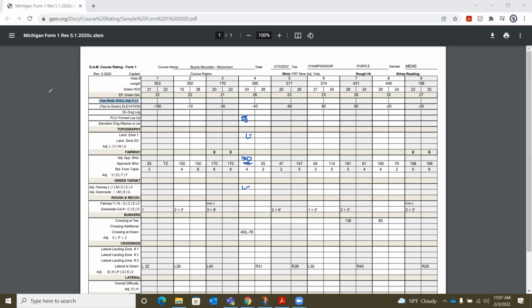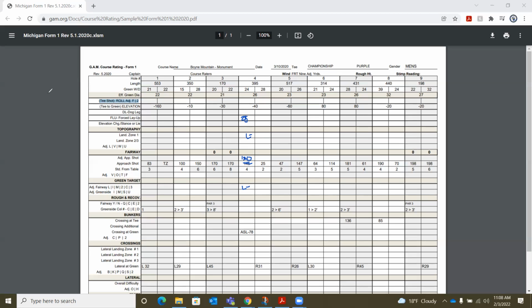Yeah, and that's another good example of one where you might have both. You could have a forced layup and a layup by choice, a combination. Well, he still would have been in the fairway. It's just that once you get close to that slope, the ball could roll, and then you would have an unpleasant lie on a slope.